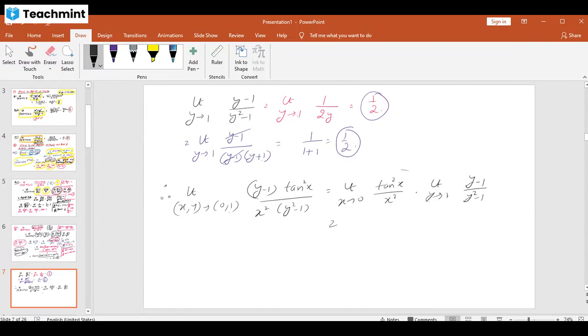So the limit of this part is 1 and the limit of this part is 1 by 2. So the net limit of this function is 1 by 2 only. So this is the limit of the function.